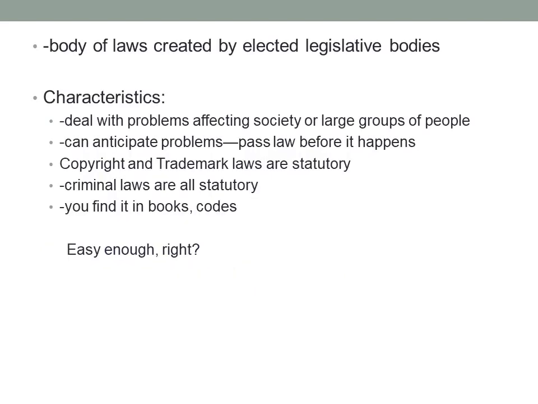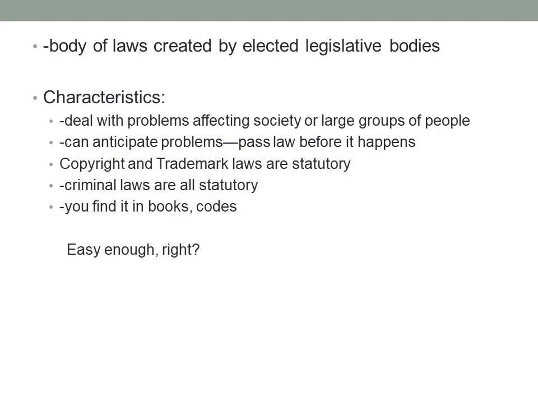It's laws that are created by our elected officials, our Congress, the New York State legislators, the Assembly and the Senate. In cities, they have common councils that create statutory laws. And like I said, they can be local, state, or federal.